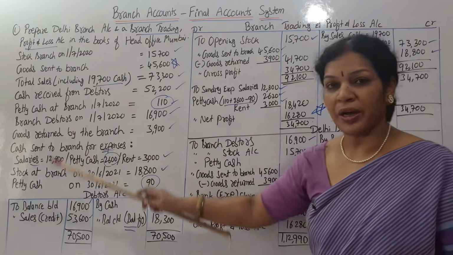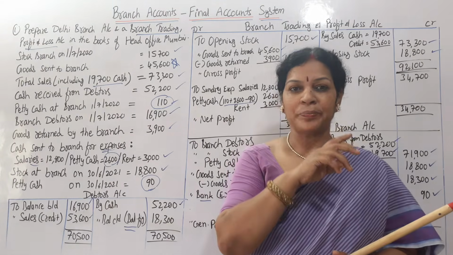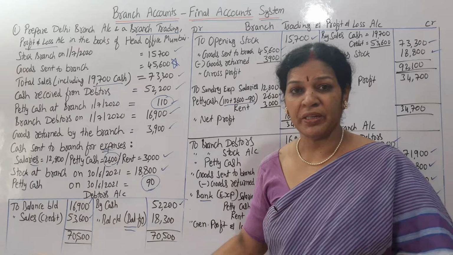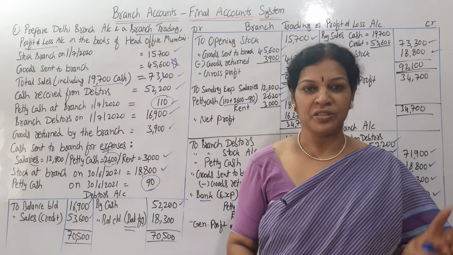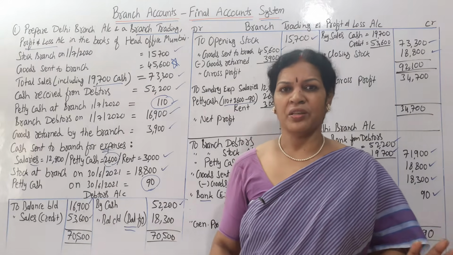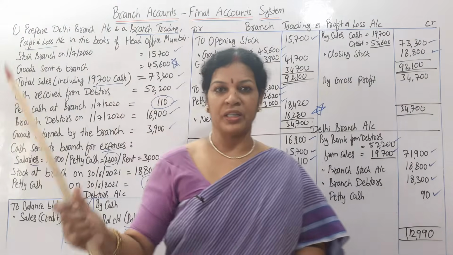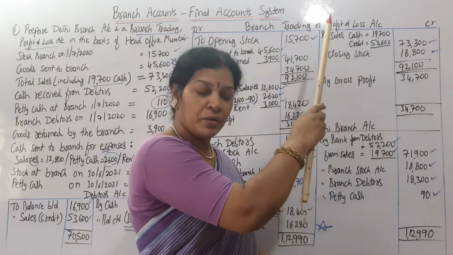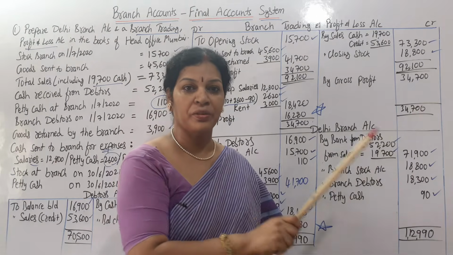You have to identify each and every item, where does it come. If required, we have to open the debtors account, otherwise not required. You know this, in the debtors system we have learned why to open the debtors account. Only the thing is we have opened two accounts. As per the transactions, whatever is related to the trading account, whatever is related to the profit and loss account, we have just transferred.